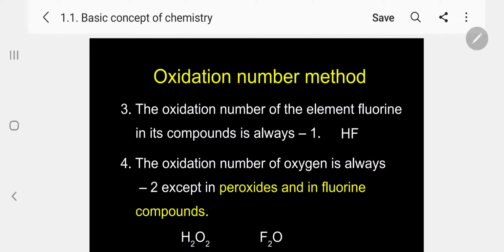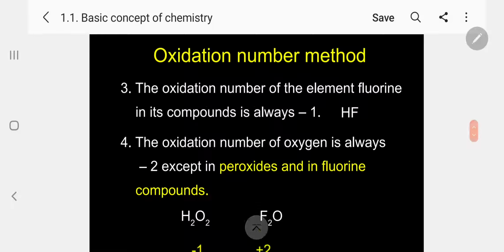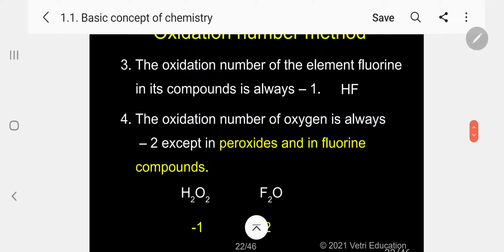Rule 4: the oxidation number of oxygen is always -2 except in peroxides and in fluorine compounds. Please follow. In peroxides, for example hydrogen peroxide, the oxidation state is -1.